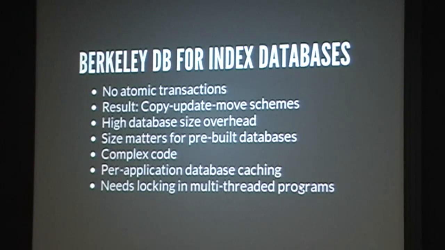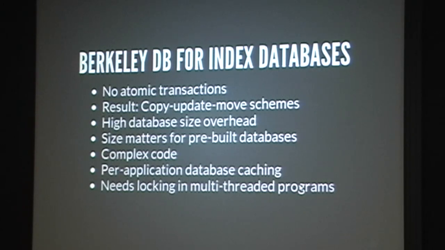There are no atomic transactions, and that means all those places have to deal with power failures, and effectively they are doing a copy, update, move scheme. So they either recreate the database from scratch or copy it first, and once everything is written to disk, they just rename it over the existing file.